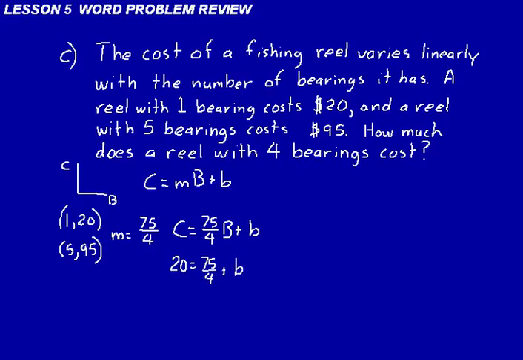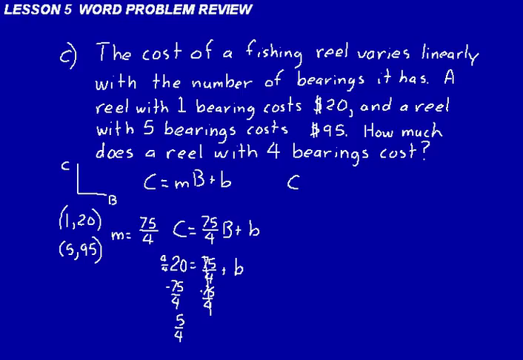Subtract 75 over 4 from both sides. That would cancel there. 20, we could multiply that by 4 over 4 to get 80 over 4 minus 75 over 4 is 5 over 4.